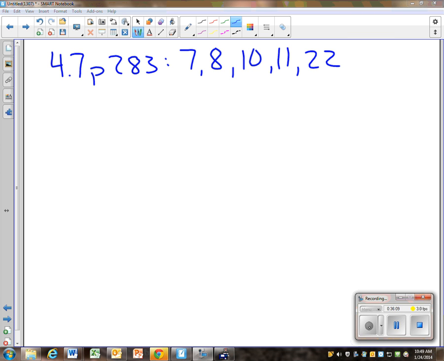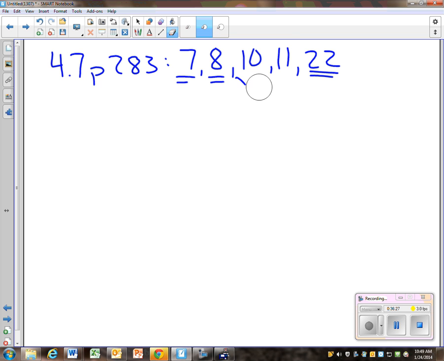I do want you to know that one or two of these problems is not exactly like how we set it up in class, okay? 7 and 8 and 22 should follow exactly with how we set it up. The others just have a little twist to the setup.